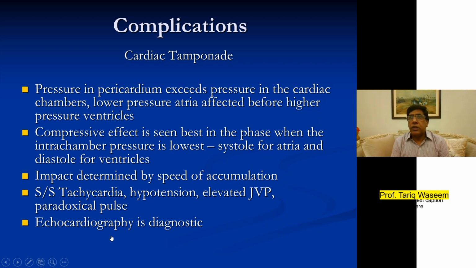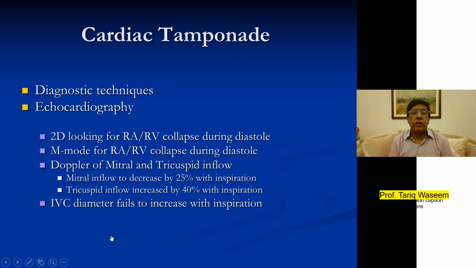It also depends upon how rapidly this fluid accumulates. The signs and symptoms of tamponade can be development of tachycardia, hypotension, elevation of jugular venous pressure, and paradoxical pulse as already described. Echocardiography can be diagnostic.